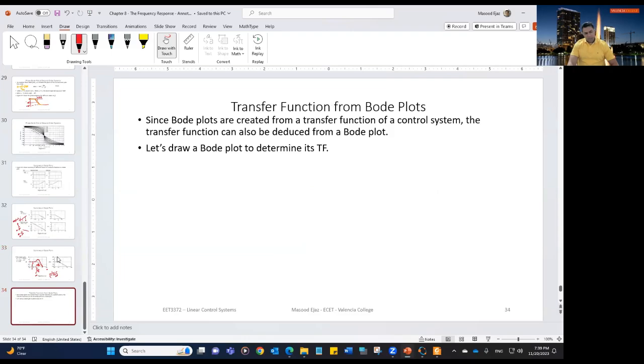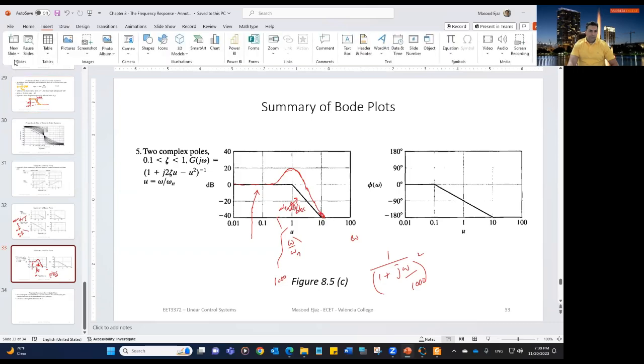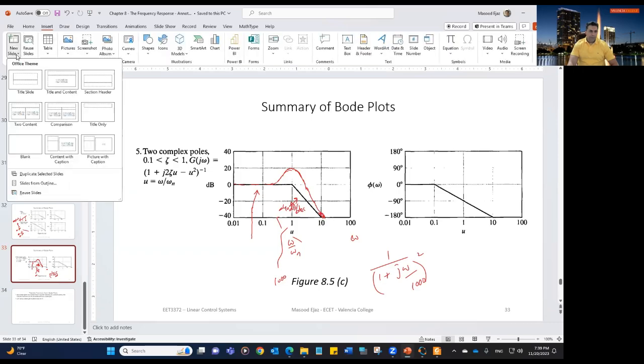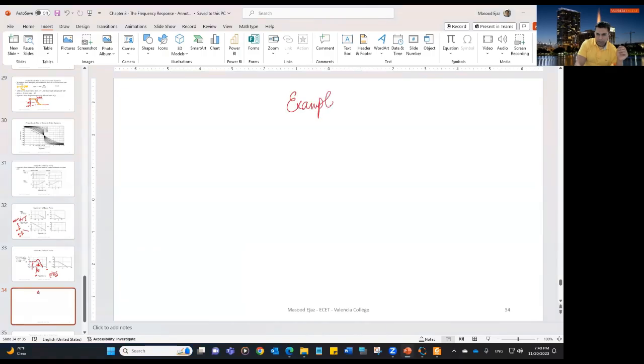Oh, I should have included one more example. Let's see if we can do one more example with a second order system. So let's go ahead and insert it. I don't know what the number is.